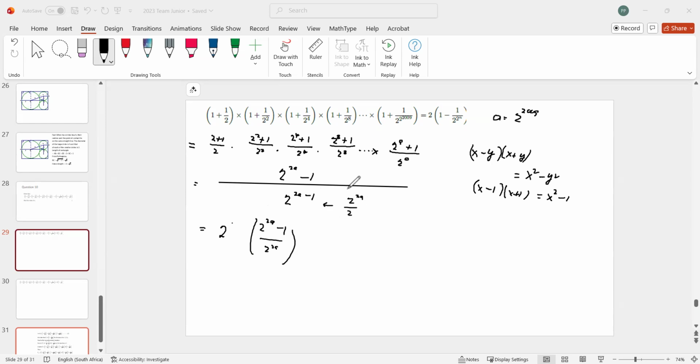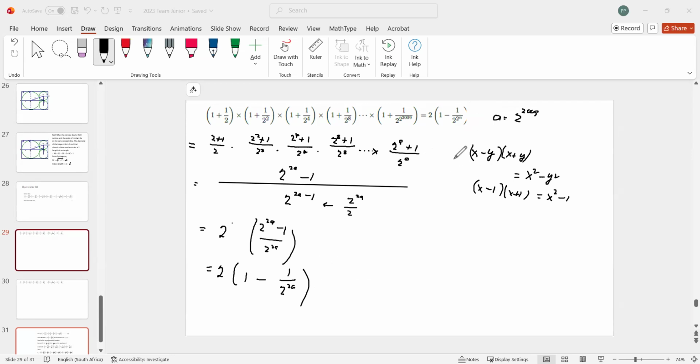Right? This is 2 to the 2a over 2. The denominator, you push it to the top. And now this is 2 to the power of 2a over 2 to the power of 2a, which is 1, minus 1 over 2 to the power of 2a. Now that looks very much like this. See, these two look very much the same. I've got a 2 here and I've got a 1 minus.